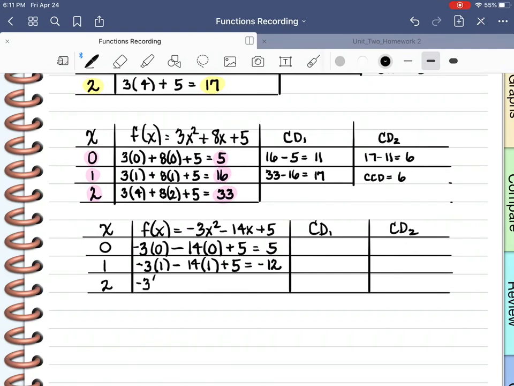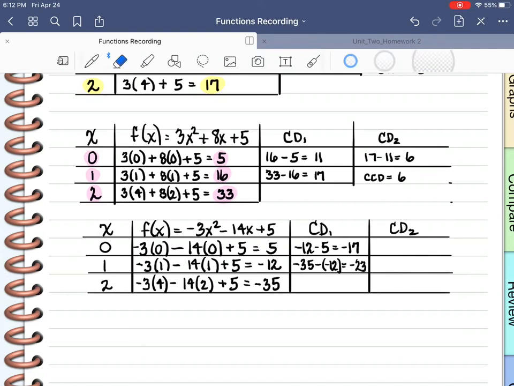And then negative 3 times 2 squared, that's 4, minus 14 times 2 plus 5. So that's a negative 12, a negative 28, and then plus 5. Do that on your calculator if you need to. All right, so this first one will be negative 12 difference 5, negative 17. Then negative 35 difference negative 12. That's going to be a negative 23.